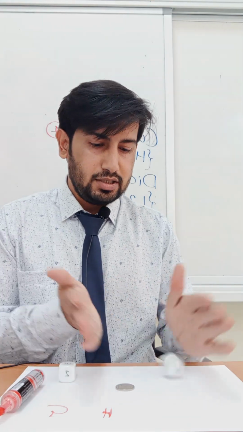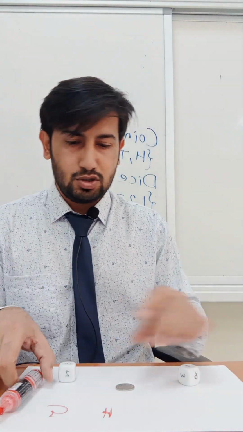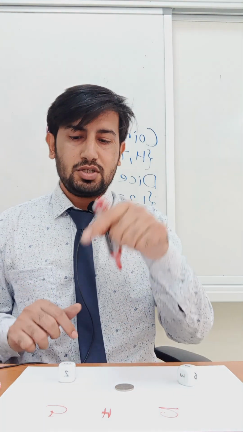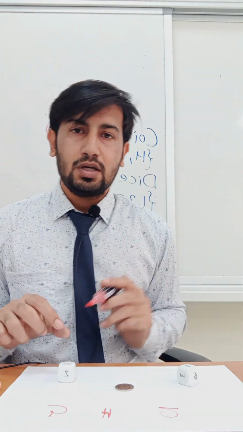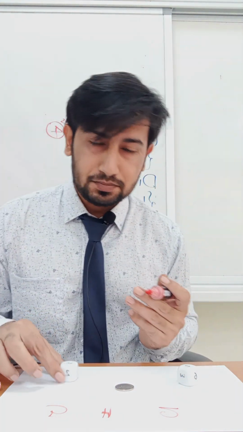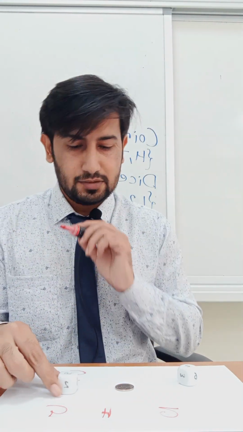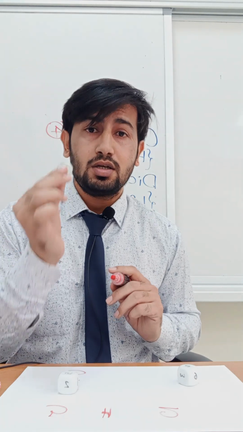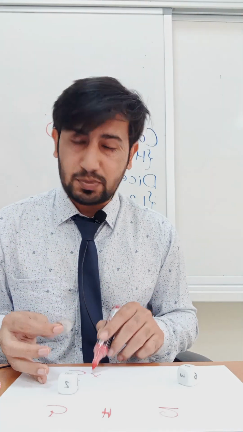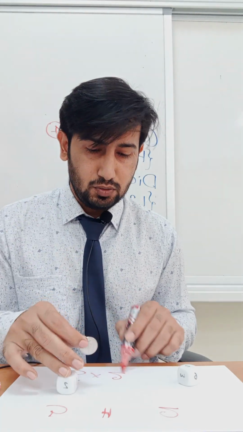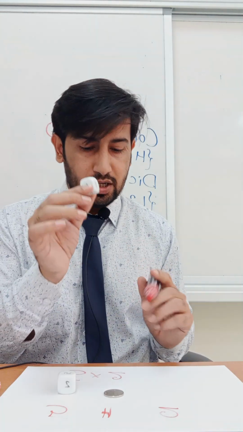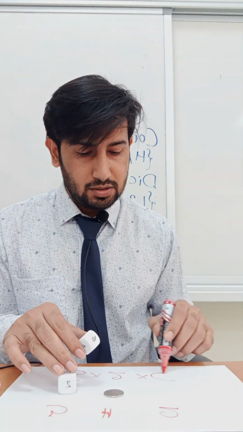Then I'm rolling a dice. Got number 2. So here the combination is 5, head and 2. How many possible combinations? For a dice, you have 6 possible outcomes, so I will write 6. For a coin, 2 possible outcomes because the sample space for a coin is 2. Now for again a dice, 6.